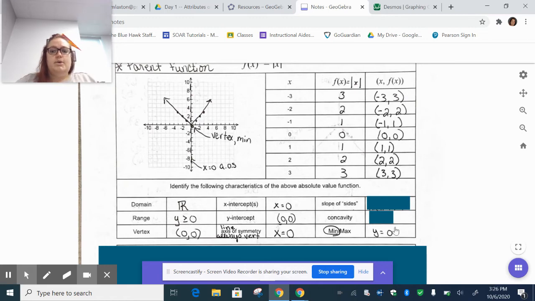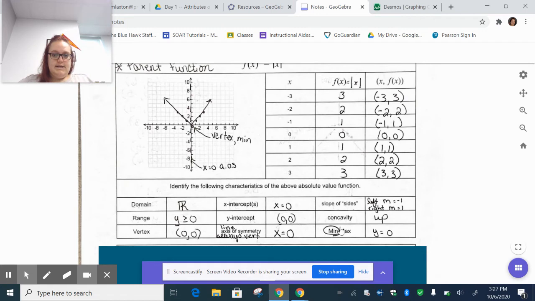So we have one slope that is +1, which is the right-hand side, and one that is -1, which is the left-hand side. And finally, remember concavity. Concavity basically is just the fancy math way of saying whether it opens up or down. In this case, this one opens up, so it is concave up. So the concavity is up.